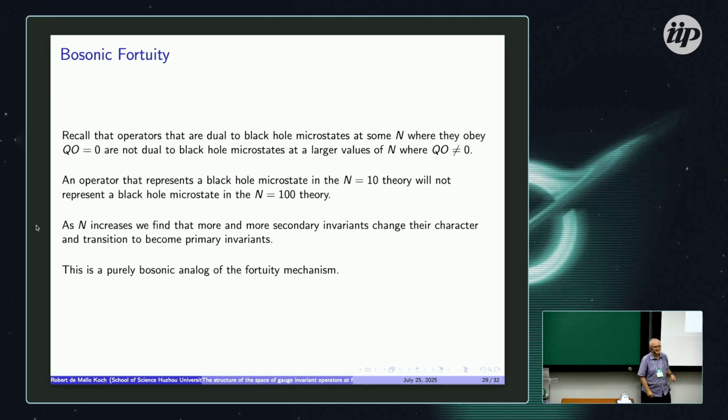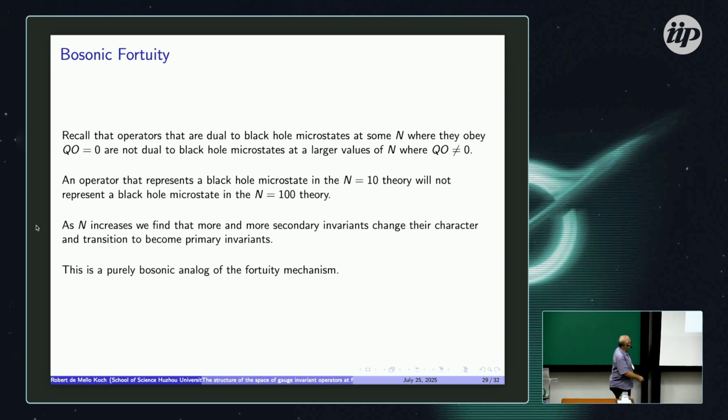And the reason for that is, if you fix a particular value of n, and you've got a specific operator that is a secondary invariant, as you increase n, you get to some point where it makes a transition, and that secondary invariant changes character, and it now becomes a primary invariant. So you can have transitions as n is increased, where secondary invariants become primary invariants.